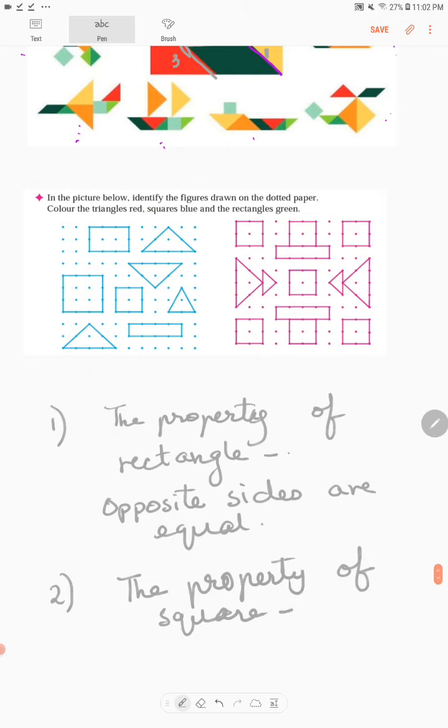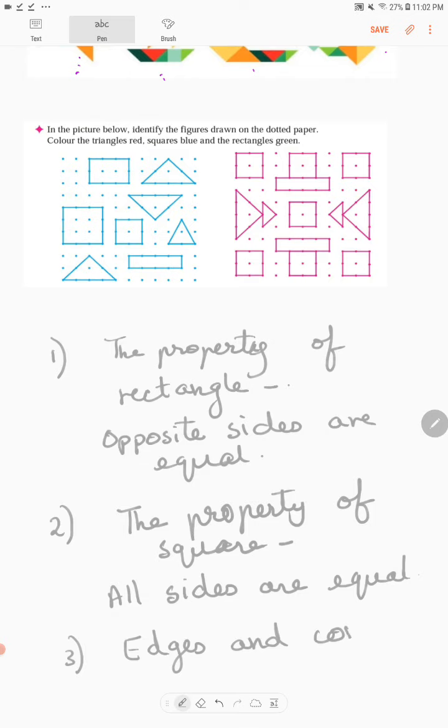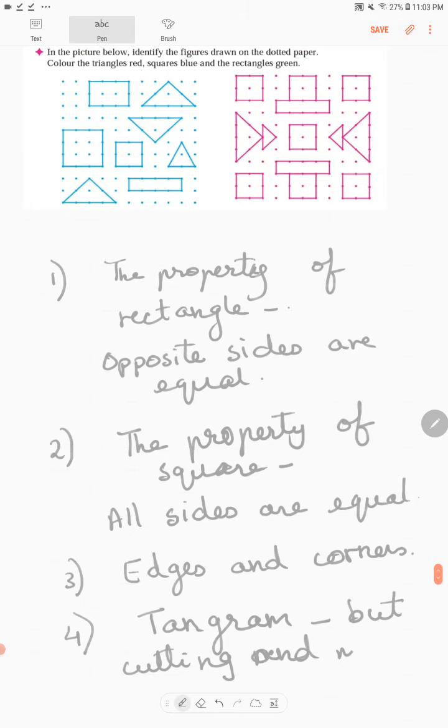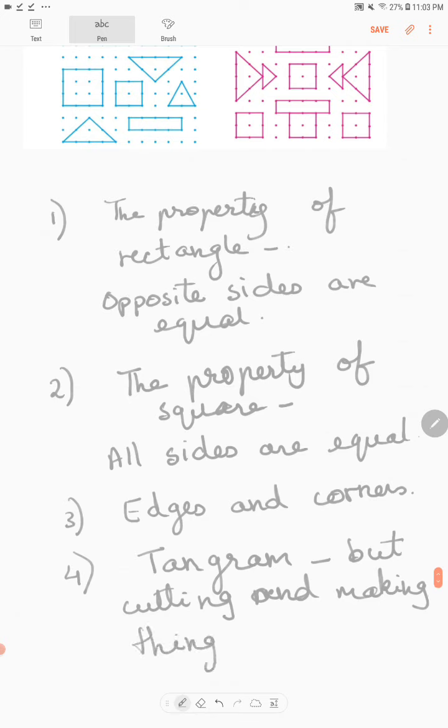What is the property of a square? All sides are equal. Then we learned about edges and corners. And then we learned tangram, which is nothing but cutting shapes and making things. So this is the only important thing of this lesson.